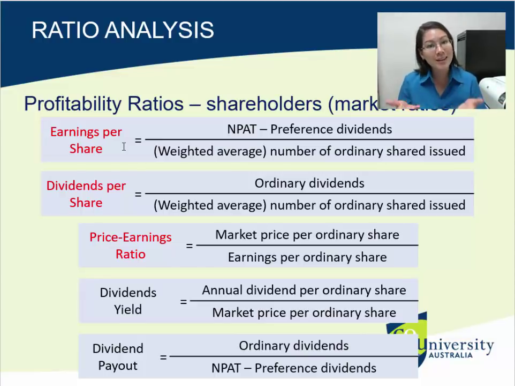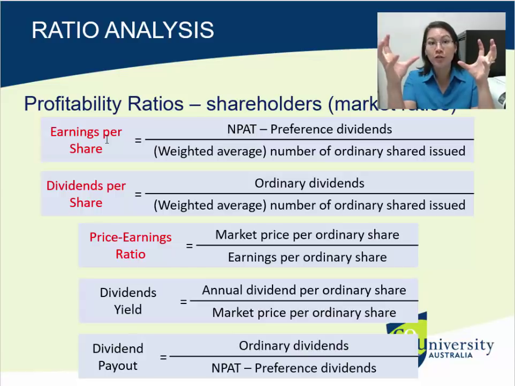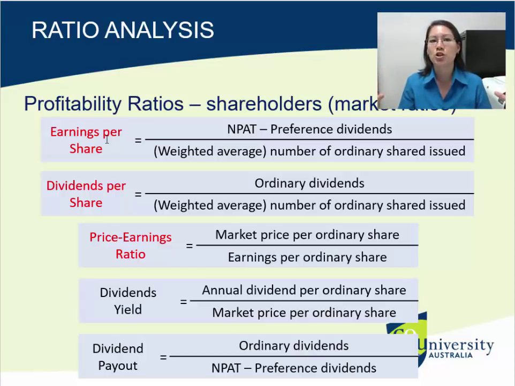It will be slightly different to the one that you calculate, and we want to see your calculation because that shows your understanding of it. Essentially this is, for every share, how much have we earned for that share? So if I own one of the shares in Wesfarmers, how much has that share earned for me this financial period? It divides our total profit by the total number of shares issued.